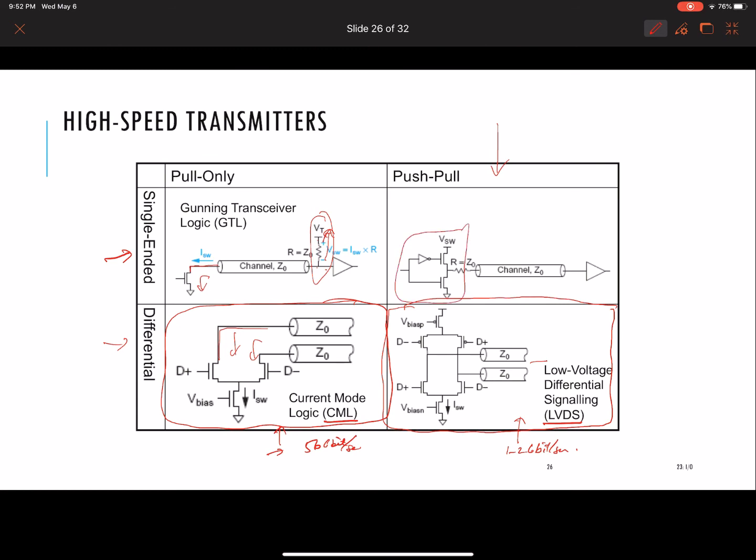Same here. Notice that you've got an NMOS here and an NMOS here to push and pull. The reason is that PMOS FETs are slow, and you want high-speed lines. So you've gotten rid of the PMOS, though you're not going to go to the full supply voltage. Plus, it's easier to get a low characteristic impedance out of a source follower than out of a PMOS, which has a high output impedance.